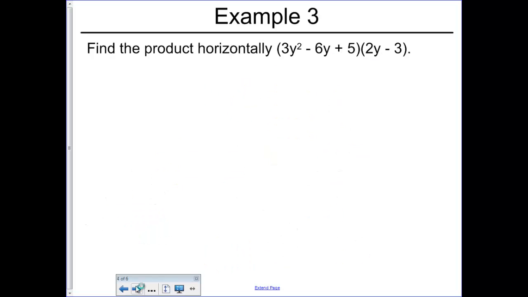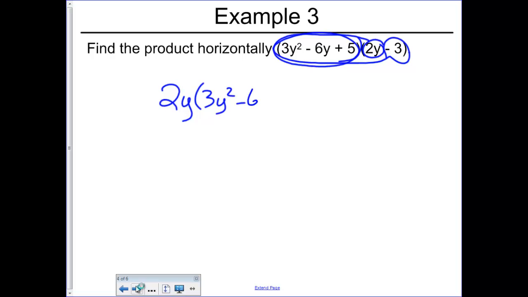This next technique shows you how to do this horizontally. I'm basically going to take this first term and show it as a multiplication next to this, and then rewrite this second term with a multiplication next to this. So I'm going to start like this: 2y times 3y squared minus 6y plus 5.